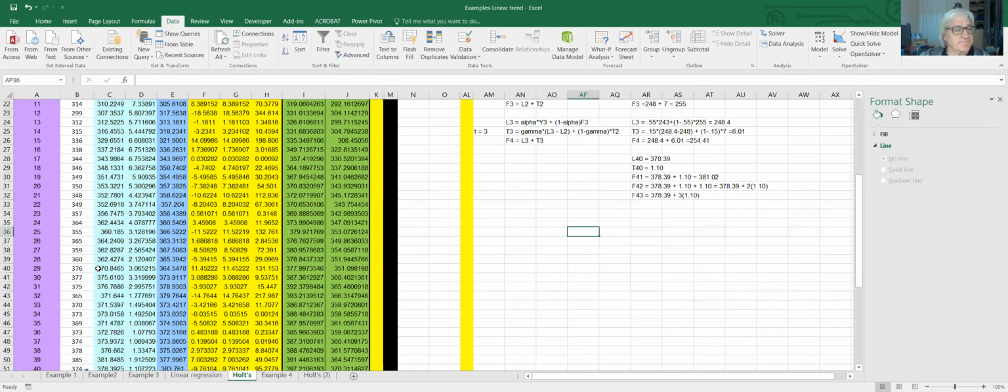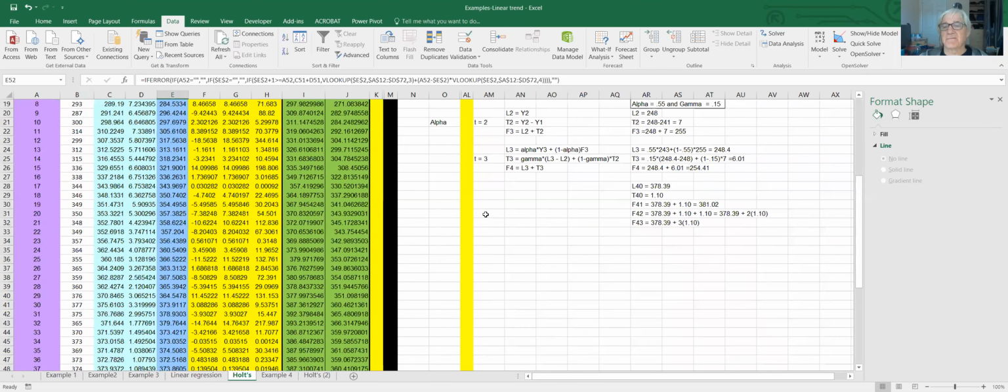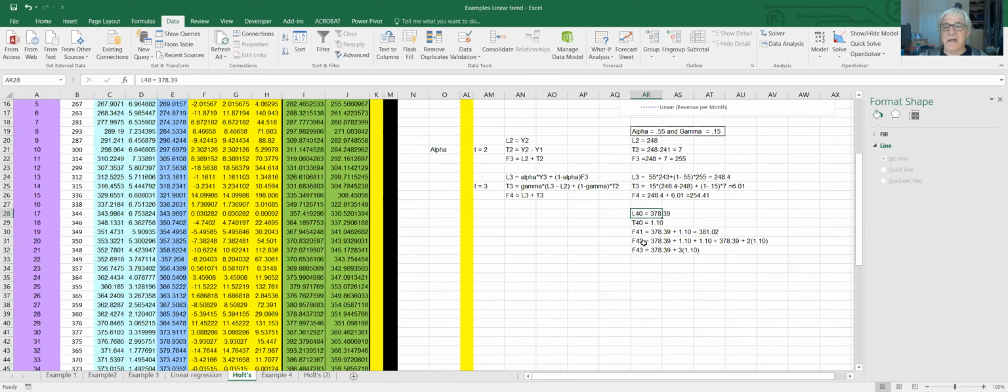So we do this until we hit period 40. At this point, we can create a forecast for period 41. Since I'm not going to do it 40 times, neither do you. If you have a template and you have results, you can use them.